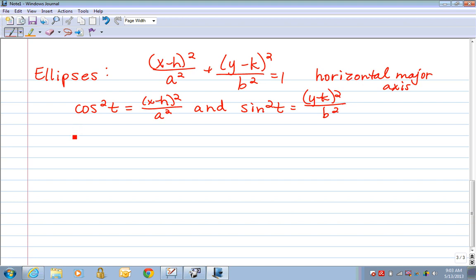And by solving these equations, I'll write it here again, horizontal, we can see that x would be a times the cosine of t plus h, and y equals b times the sine of t plus k.